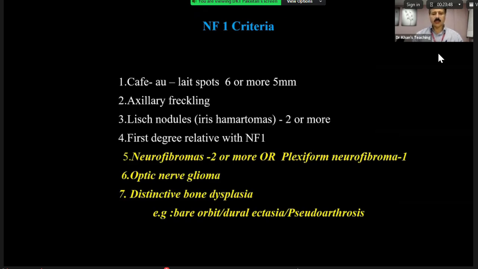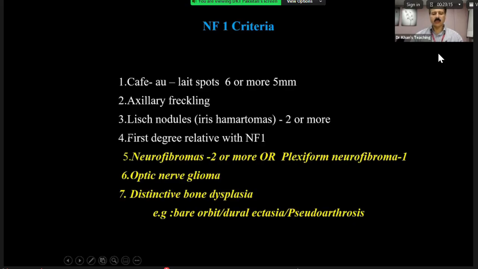Okay, now what is the criteria to diagnose NF1? If you open a textbook and see the clinical definition of NF1, they say that if the patient has 2 or more of the following, then you call it NF1: café-au-lait spots, 6 or more, 5 millimeter; axillary freckles; Lisch nodules, which are iris hamartomas; first degree relative with NF1.